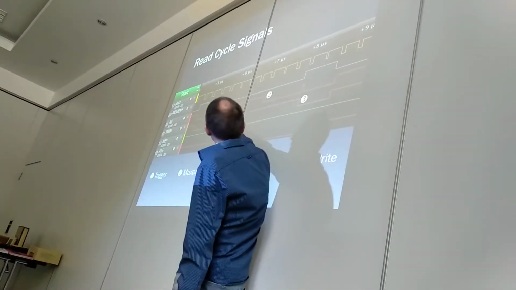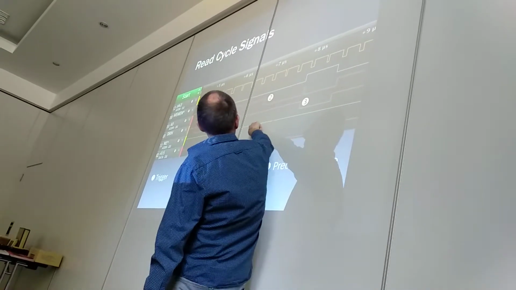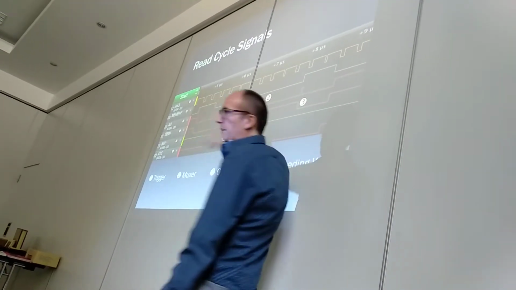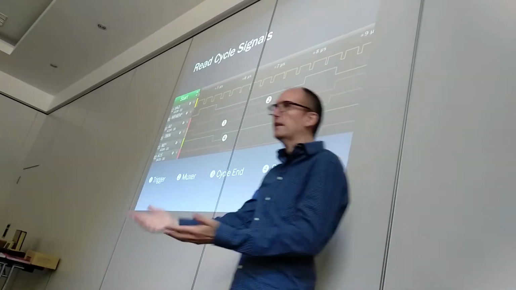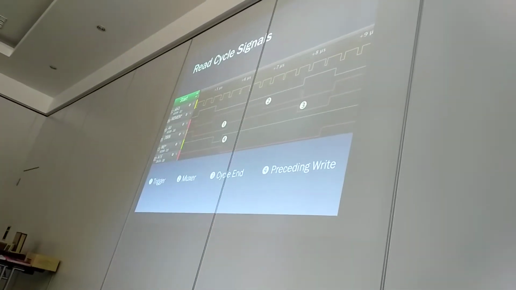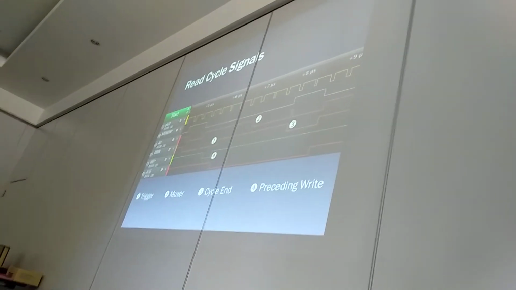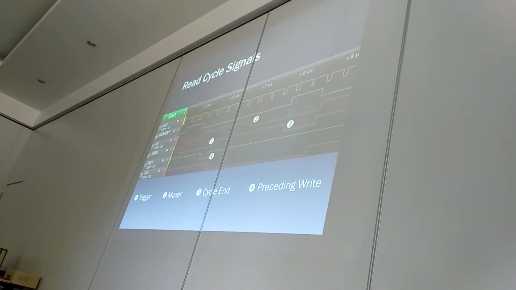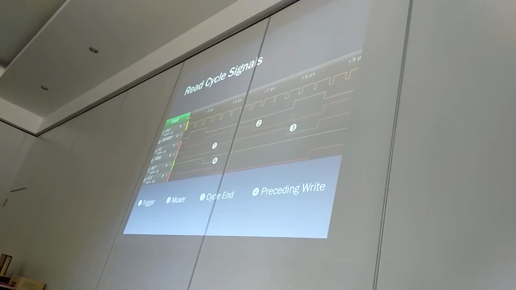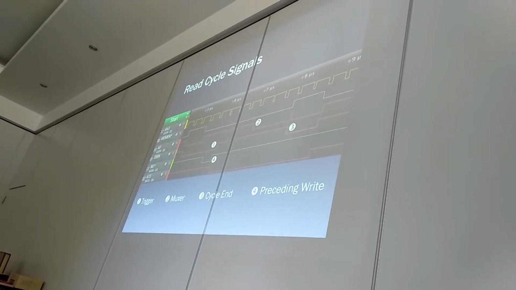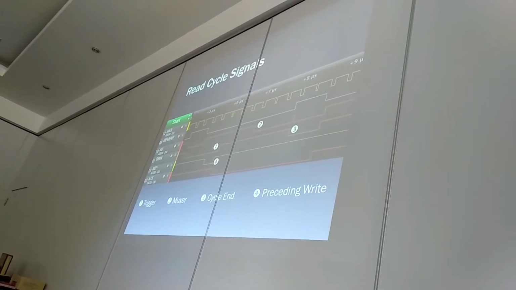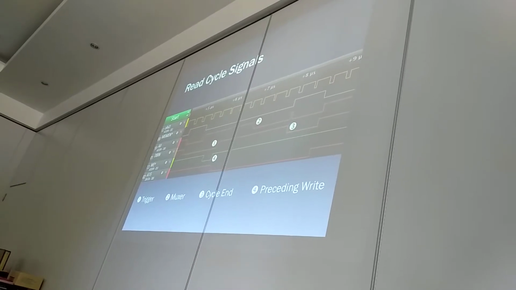But the write would have one hump here, then it would go high, and then we have a separate hump here. So it's slightly different between read and write. But what the SDD does, it basically checks the DB-in and the write enable signals, and checks if one of these signals changes, and then it knows, oh, I have to react now.